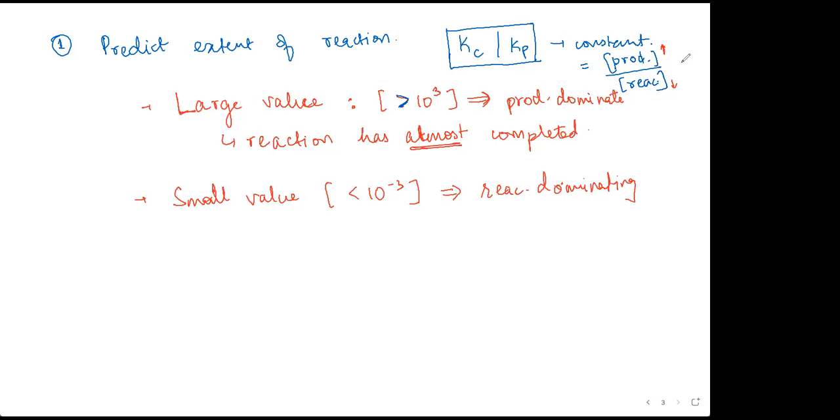So Kc can be small if the concentration of reactants is a lot and products is less. This basically just means that the reaction has hardly happened at all. A tiny amount of products were formed and immediately the products started reacting to give back the reactants. So basically it just means that the reaction has hardly happened.